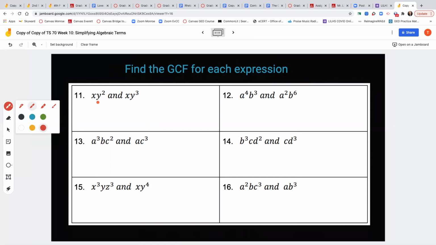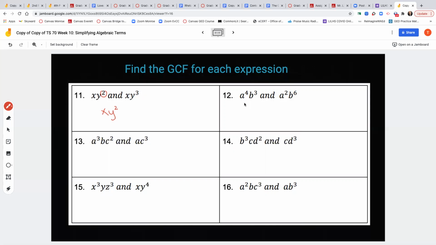We've got x y squared and x y to the third. What is the greatest common factor? They both have x, and they both have y squared, because this has y squared and this has y to the third, so as far as they have in common is squared. So write those down in your notes.